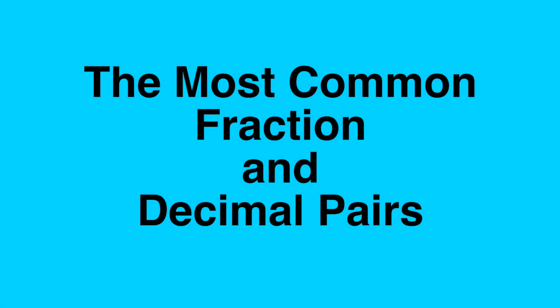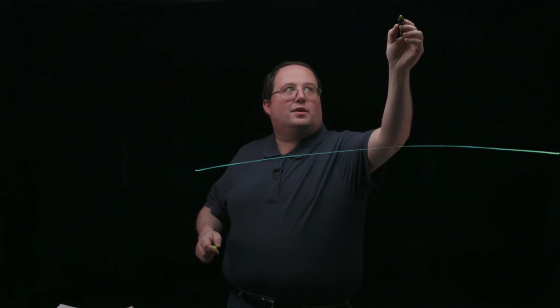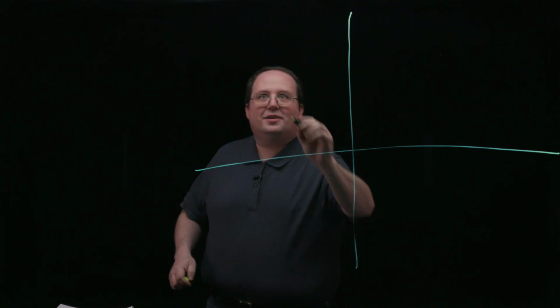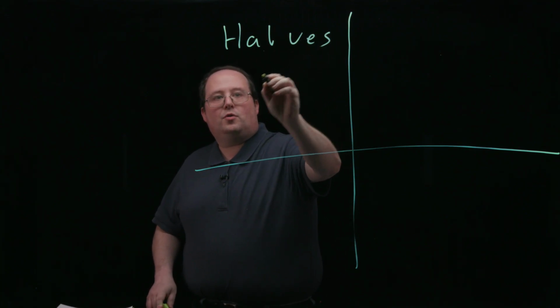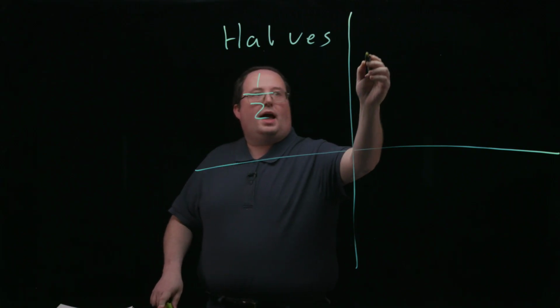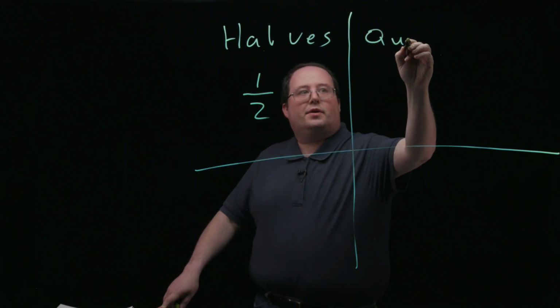And in this video, we'll look at some of the most common fraction and decimal pairs. So we'll have 4 different groups of fractions that we'll consider. And those 4 groups are the halves, for example, 1/2, and the quarters.